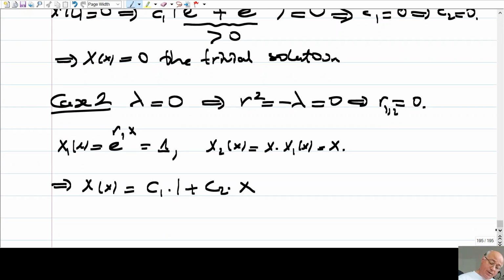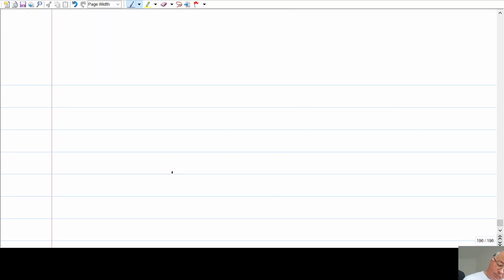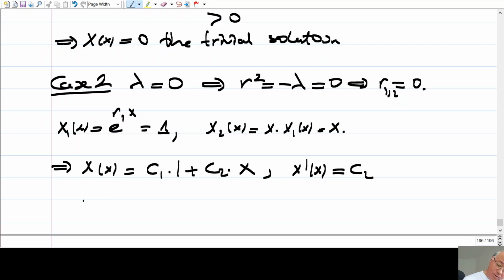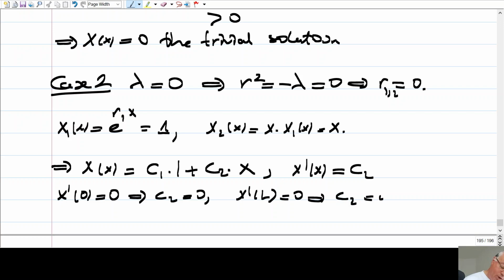And I have the boundary conditions, but to apply them, I need to take its derivative. So I just get C2, and the other derivatives are 0. X prime 0 equals 0 implies C2 is 0. And X prime L equals 0 also implies C2 equals 0.